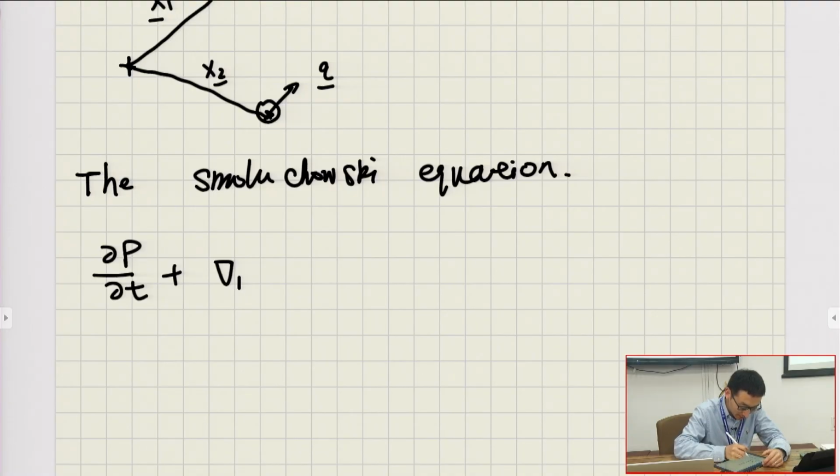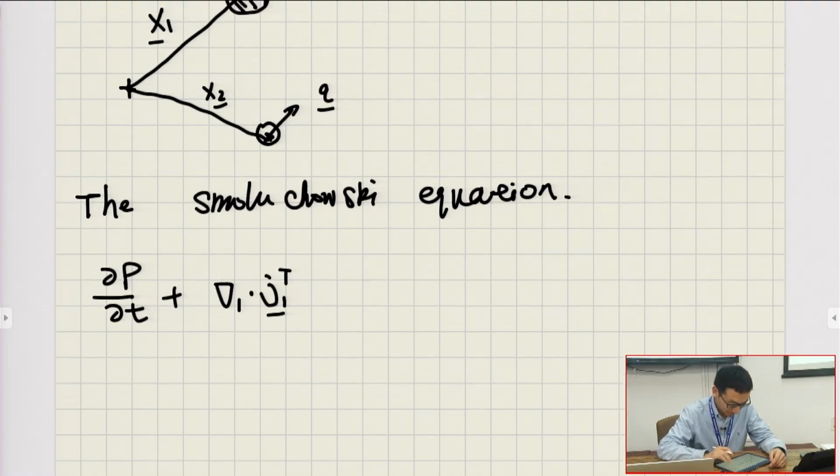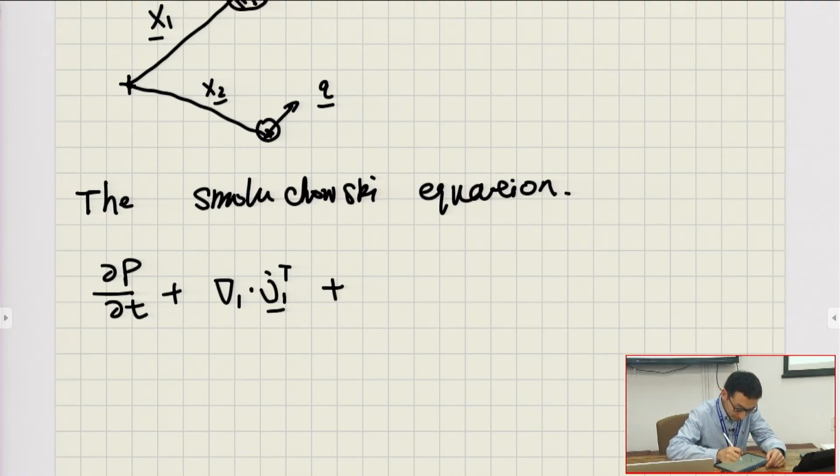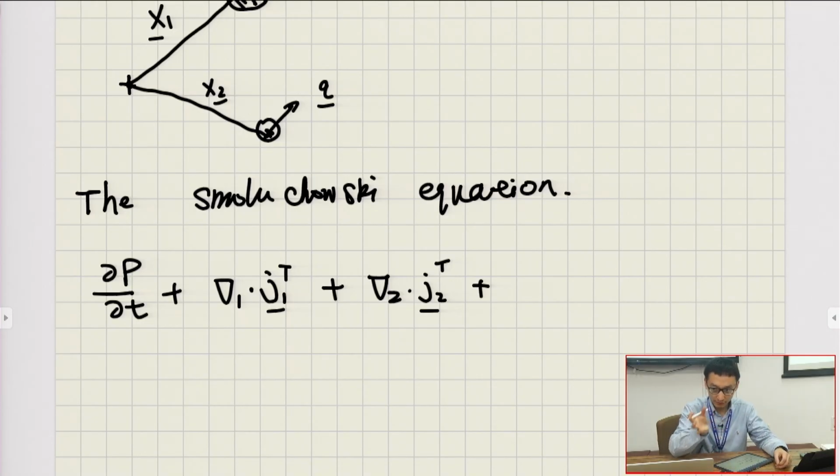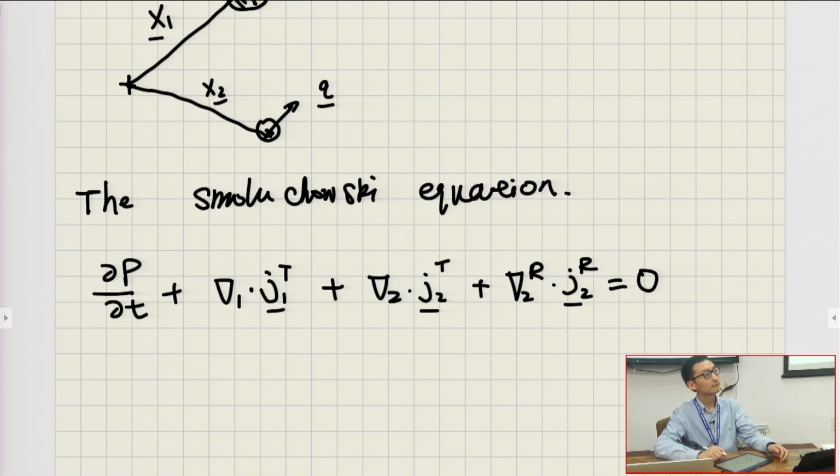So that's a gradient with respect to x1, then there's a flux for the tracer particle, okay? And a gradient for particle 2 in position space. But the particle is also rotating because there's swimming motion. So there would be a rotational part for particle 2. Okay, that's our conservation law.